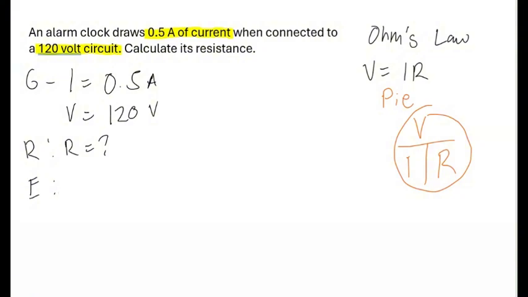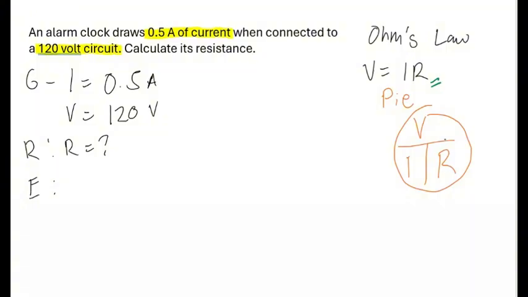How to use the pie? We have our pie here from a while ago. This is our working formula: the voltage equals current multiplied by resistance. Imagine this is our word problem.